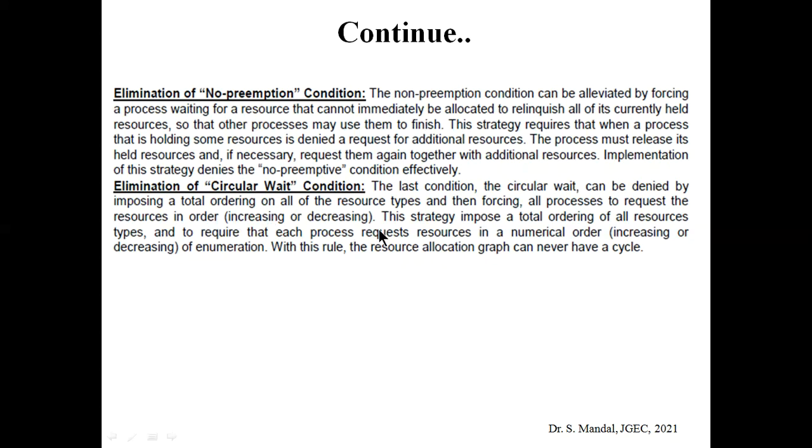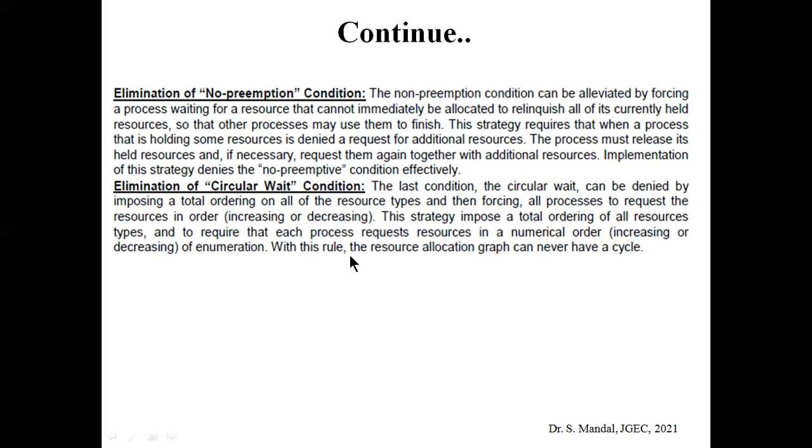Suppose there are a printer, CD drive, disk drive, floppy, or USB drive. So we assign numbers like 1, 2, 3 to them. Whenever a process wants to access the resources, based on their ordering they can access them.